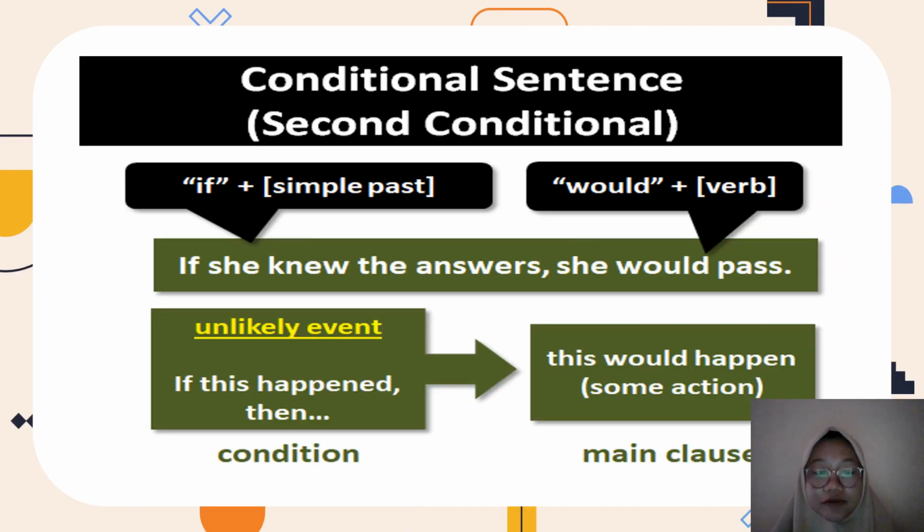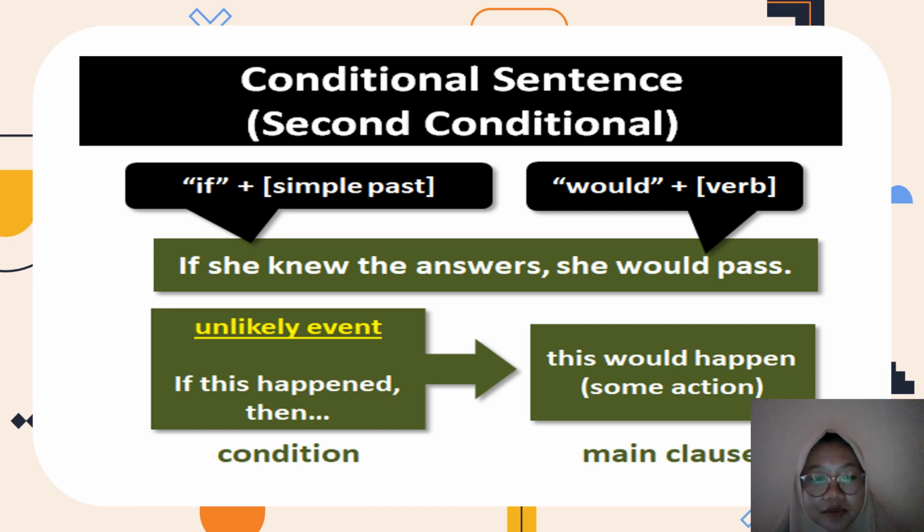Okay, next we're moving on to the formula of a second conditional sentence, or conditional sentence type 2. So the formula is if simple past, subject plus verb 2, and then would plus verb 1 or base form.